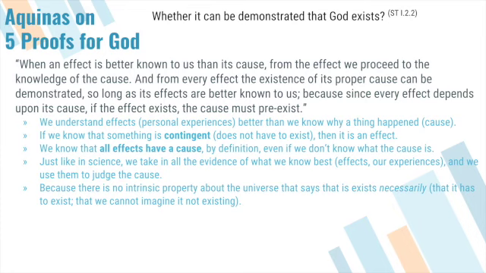Because there is no intrinsic property about the universe, the whole universe, that says that it exists necessarily, that is, it has to exist, that we cannot even imagine it not existing. So this is to say, if something has necessary existence, that means we cannot imagine it not existing.